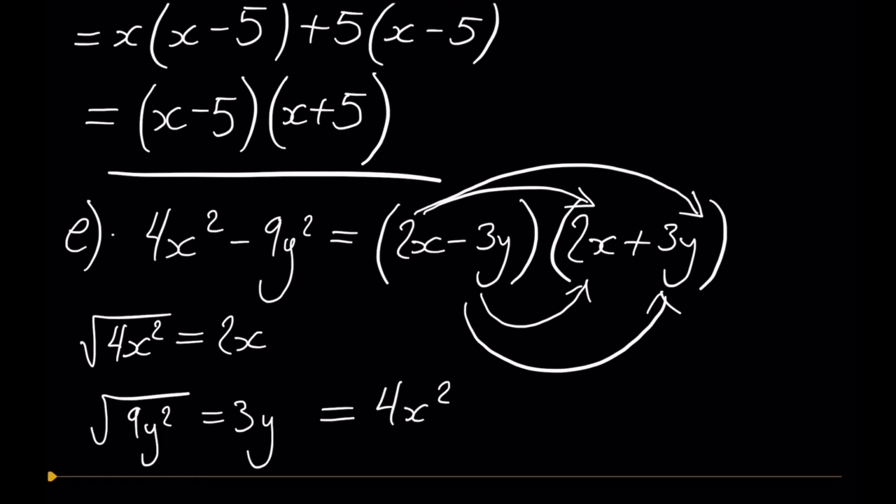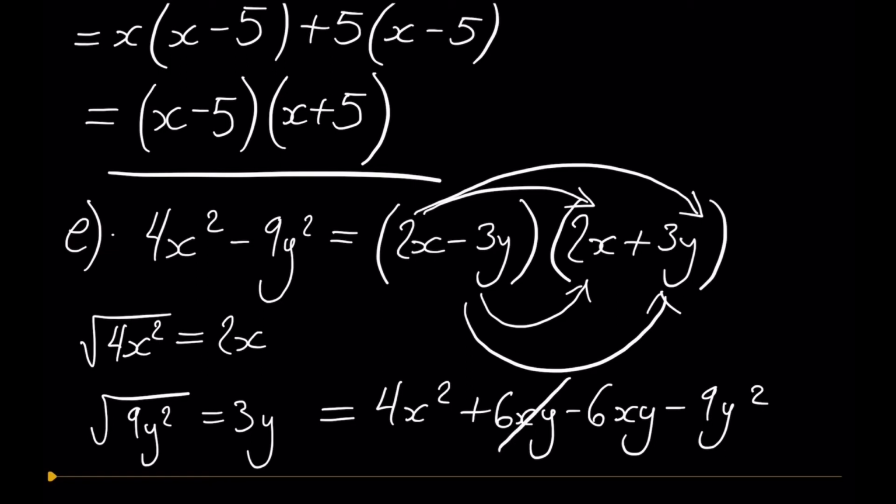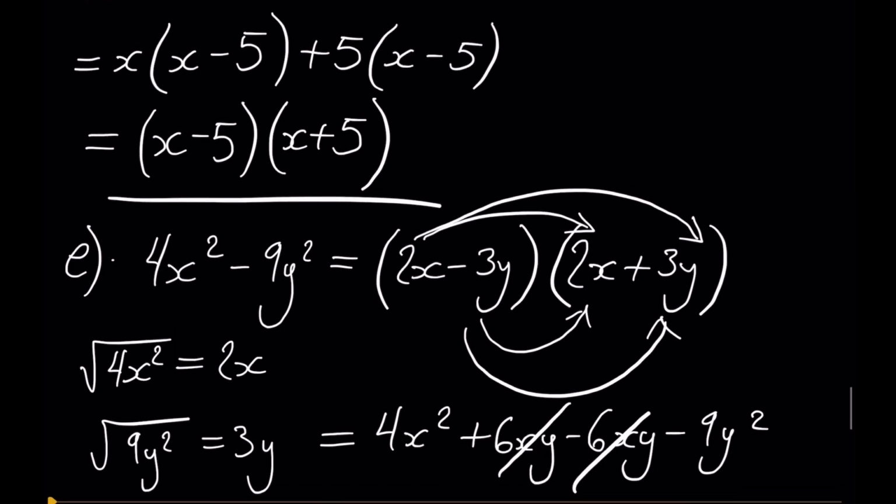So that equals 4x squared plus 6xy minus 6xy minus 9y squared. As you can see, this will simplify. The 6xy and the minus 6xy will cancel out, because 6 minus 6 is 0, and both are multiplied by the same variable. And the final answer, since this question wanted us to factorize, is 2x minus 3y times 2x plus 3y.